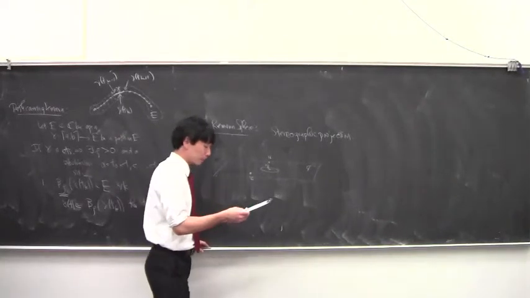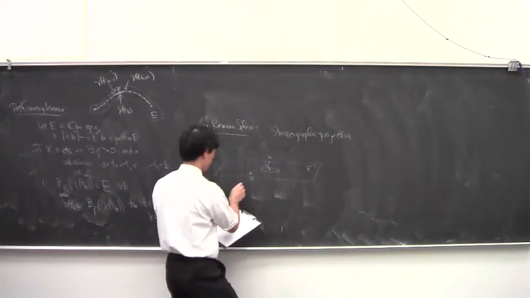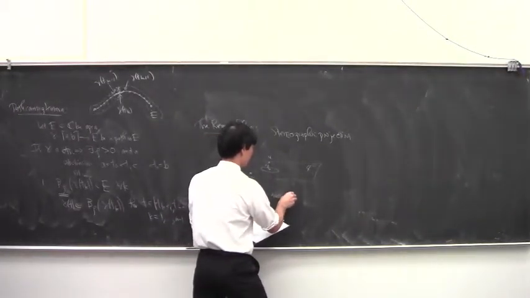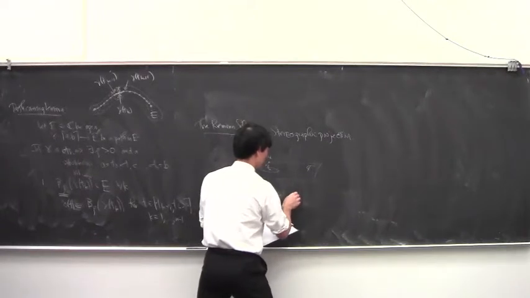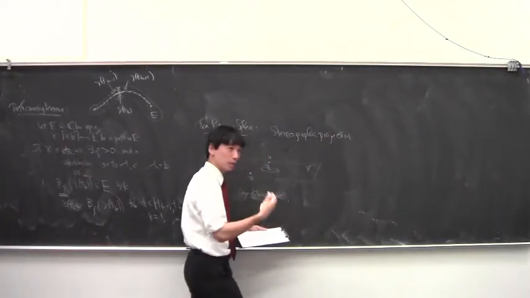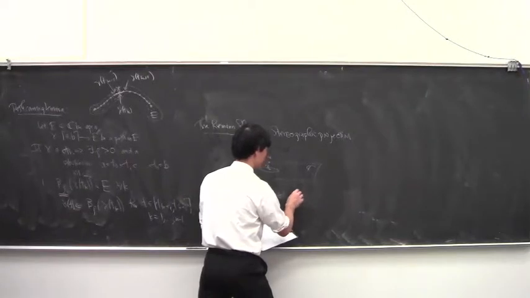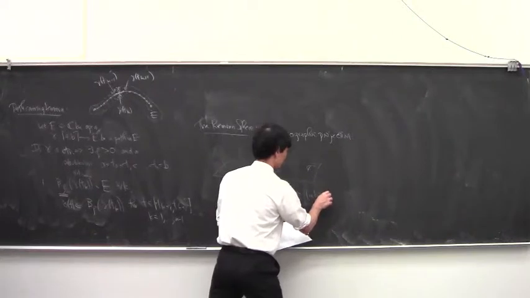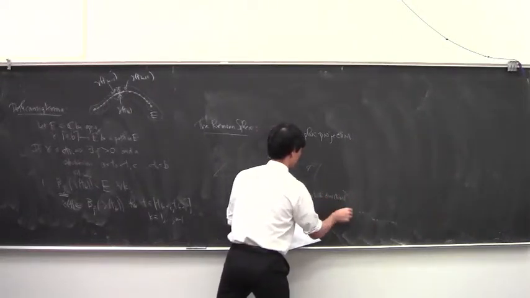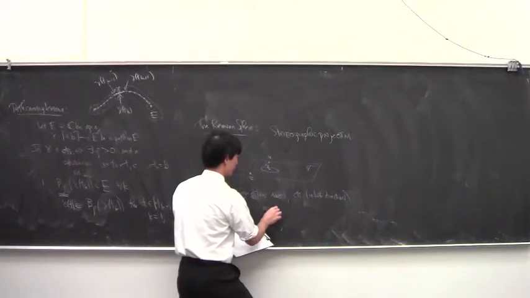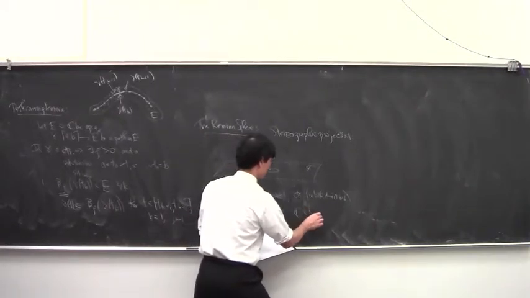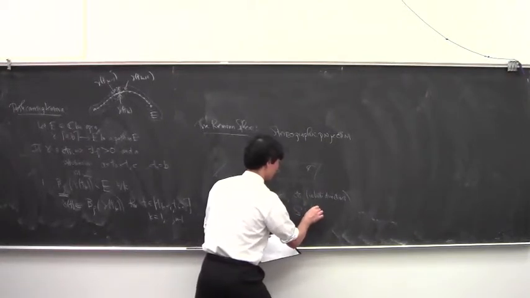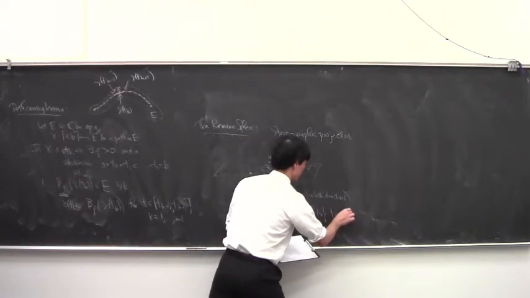So what one obtains is, in fact, a one-to-one continuous map, and it's in fact continuous in both directions, from the sphere, excluding the North Pole, to the complex plane.